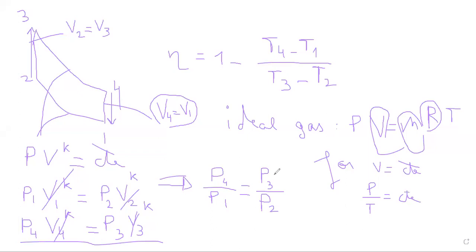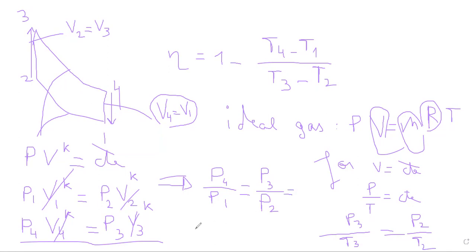So we can write then between 2 and 3, we can say that P3 over T3 is equal to P2 over T2. And from here, we can deduce that the ratio of pressures, P3 over P2, can be written as the ratio of temperatures.